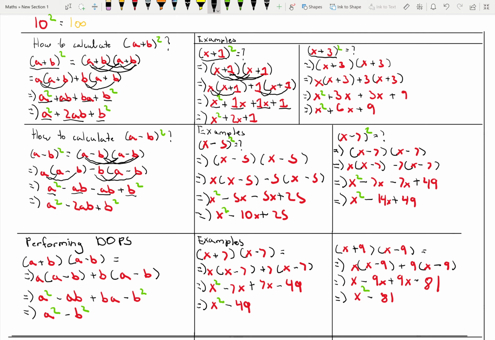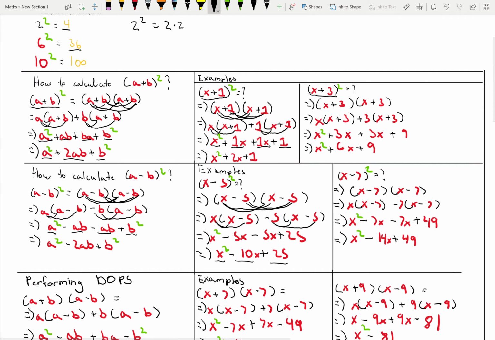And to do this, we use the distributive law and multiply x with x, then x with negative 5, and then negative 5 multiplied by x, and negative 5 multiplied by negative 5. Now, doing so, we evaluate it. x times x just equals x squared, x times negative 5 equals negative 5x, negative 5 times x equals negative 5x, and negative 5 multiplied by negative 5 equals positive 25. Evaluating it, it equals x squared minus 10x plus 25.